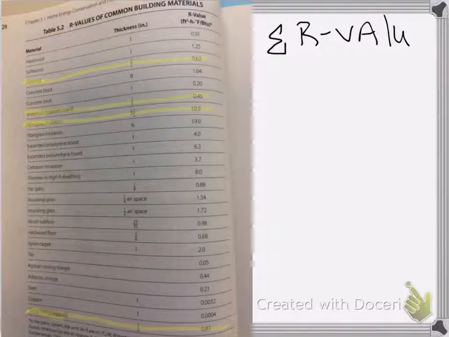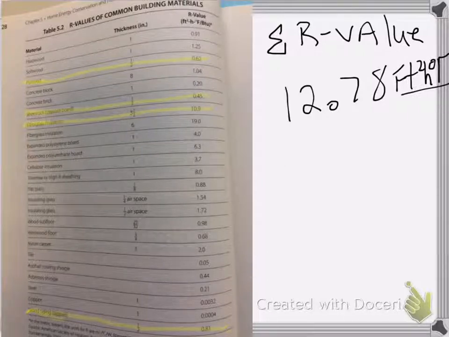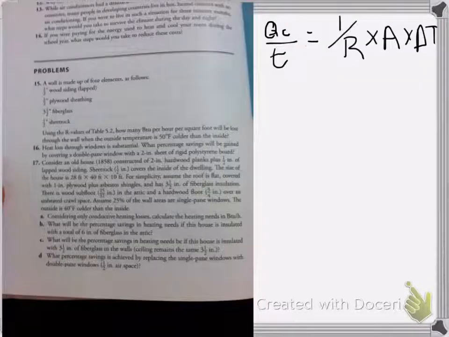And so I'm going to add all of my numbers, and when I do that I get 12.78, and that's in my R value units of feet squared, hours, degrees Fahrenheit over a BTU. So I'm going to bring that number over to my question.